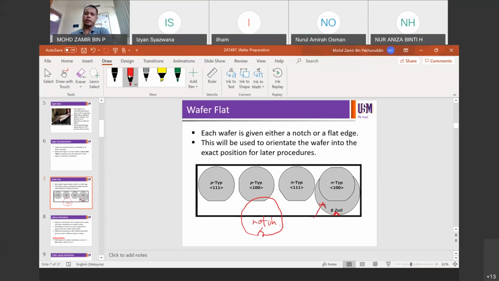When you learn later on all the processes in fabrication, certain processes are sensitive to alignment. It means when you want to do that process, say the notch is at the bottom here, assuming this is the notch, I don't have any wafer with a notch. Say you have the notch at the bottom, something like that. Then certain processes need the wafers to be aligned like this.